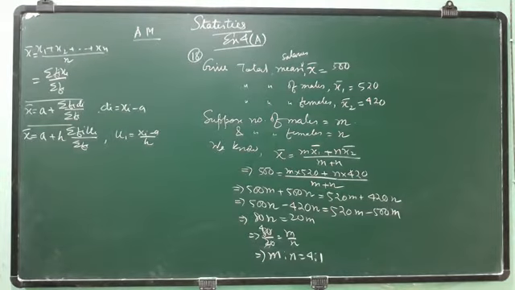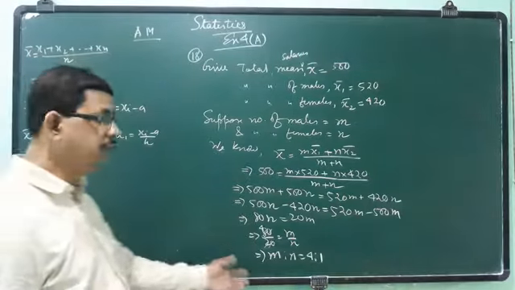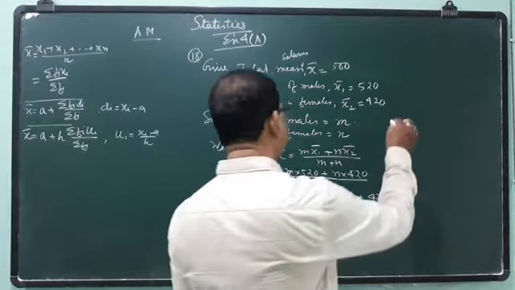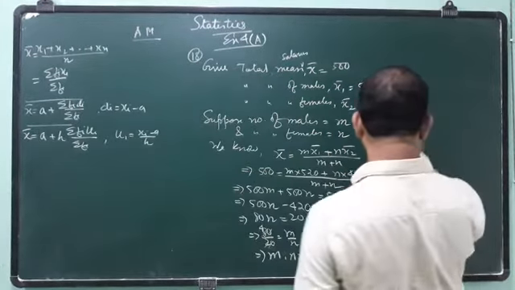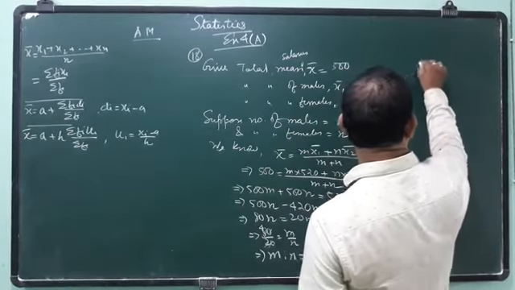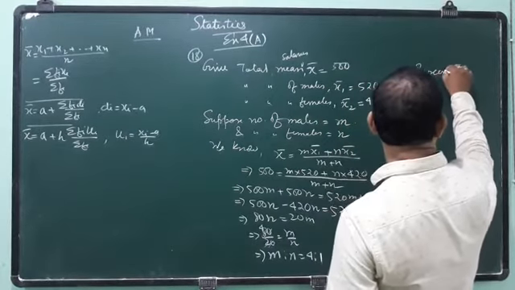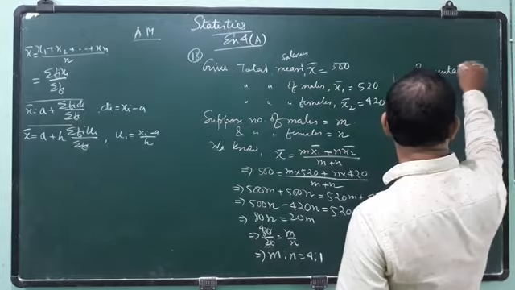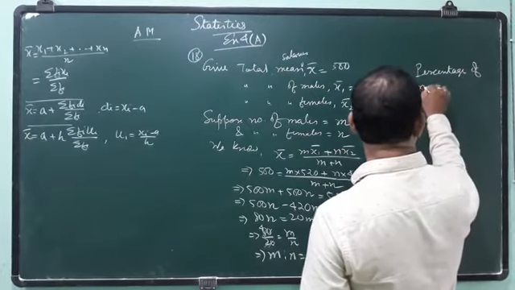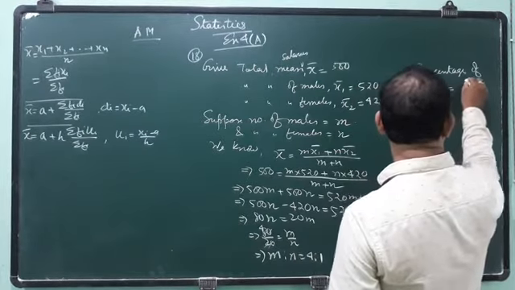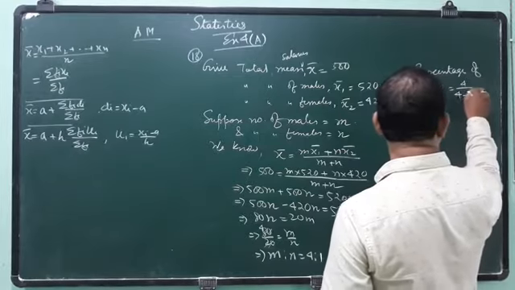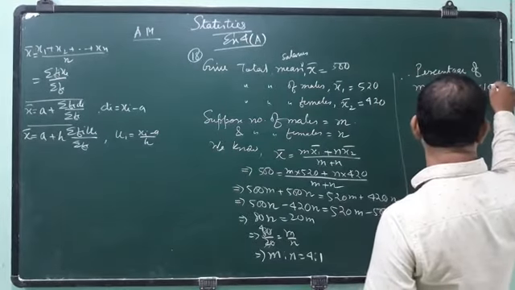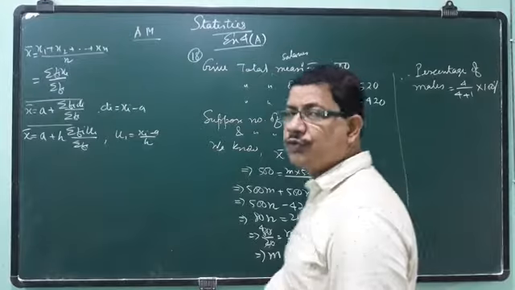But the question is that percentage of females and percentage of males we have to calculate. And we have taken the number of males. Therefore, percentage of males is equal to 4 by 4 plus 1 into 100%. It is formula, it is rule.